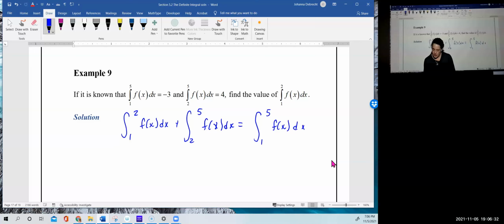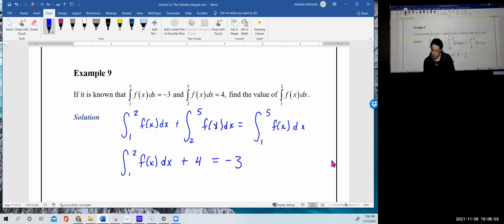And that means that I can look for the value of this first integral by replacing the values of the other two, which are known. So the integral from 1 to 2 of f of x dx plus 4 has to equal -3.